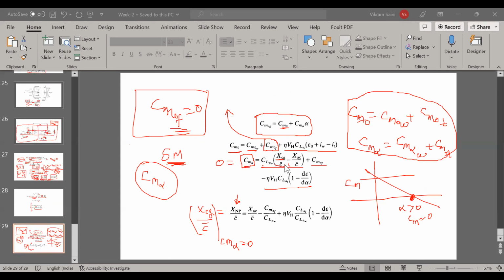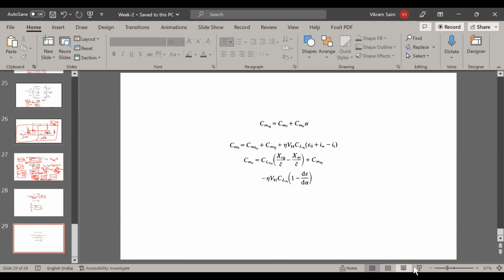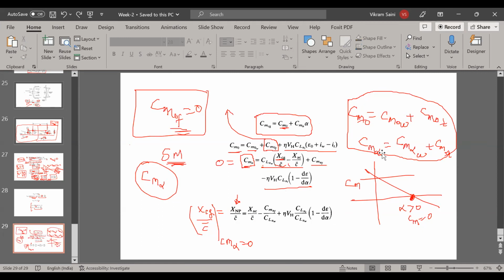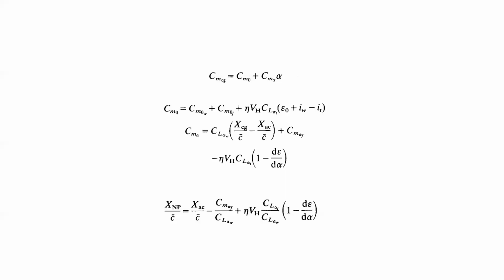So the idea is, you derive an equation for the pitching moment of the aircraft, and that's longitudinal pitching.